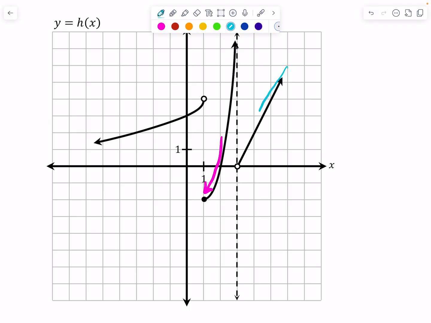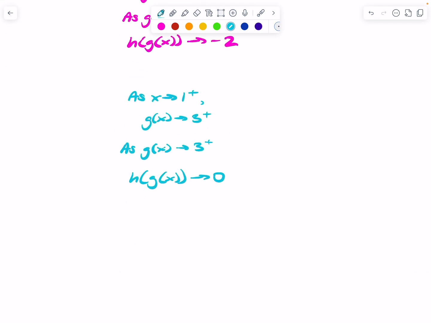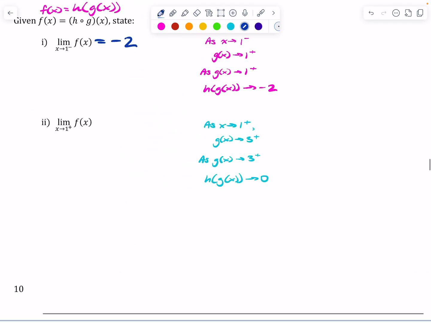So we are following this path. And that path, as x gets close to 3, y gets close to 0. And for that reason, that limit is equal to 0.